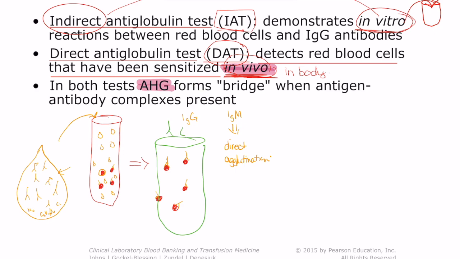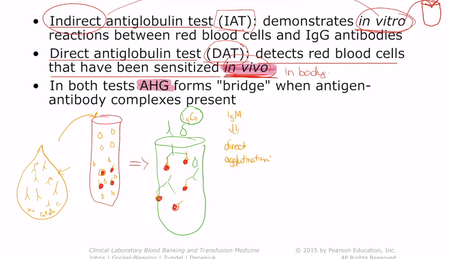We're adding a drop of this anti-human globulin. It will bind here and here, and it creates the agglutination for us to see, because this anti-human globulin is an antibody to human antibodies. Okay, we'll go over this more.